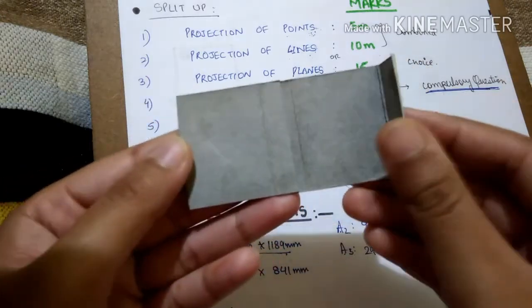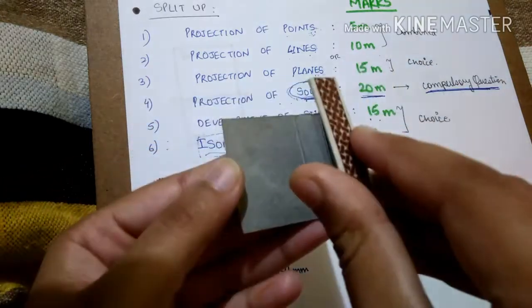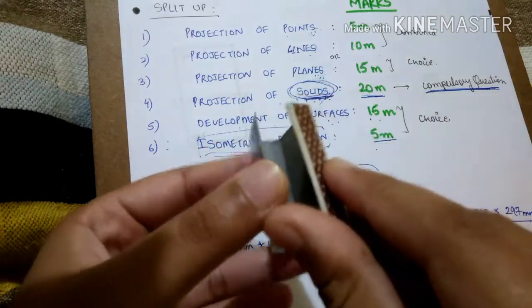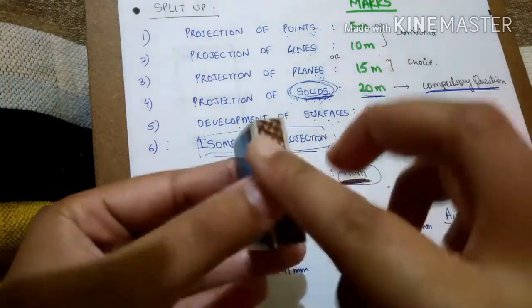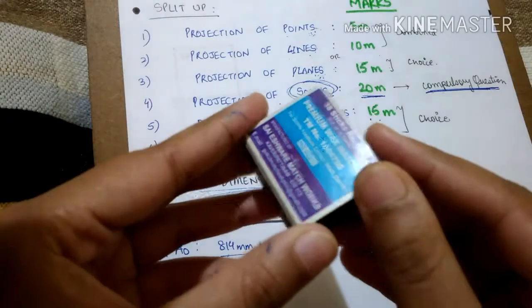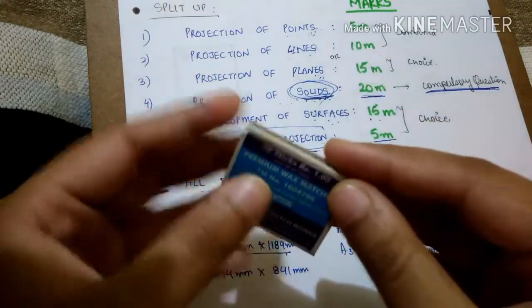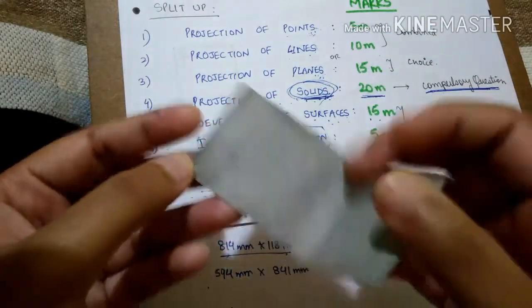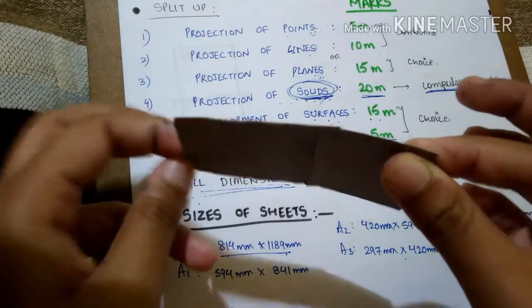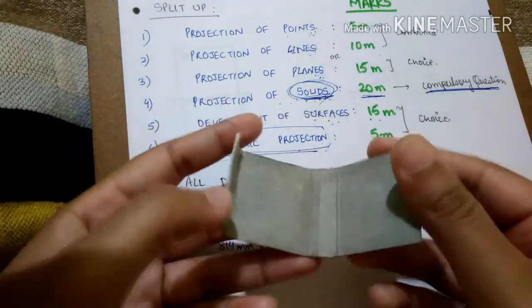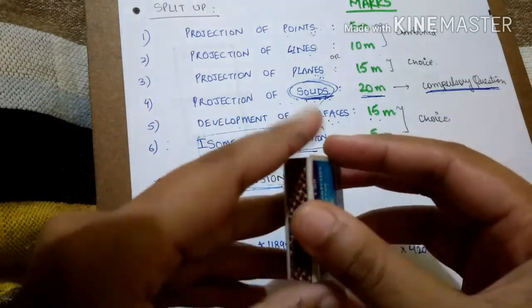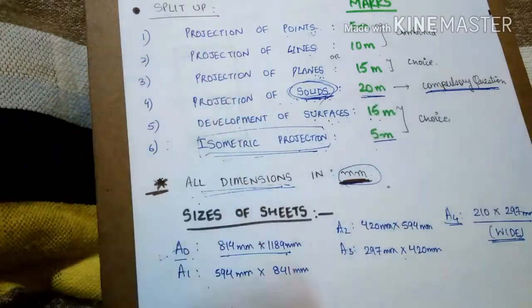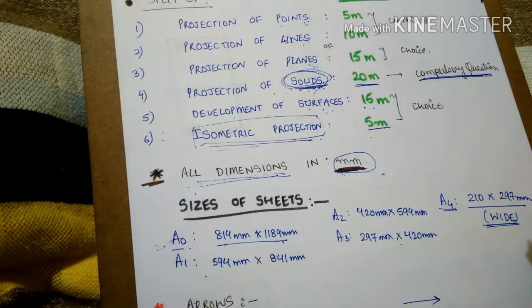If you join it in the same way, the smaller rectangle, the larger rectangle, the smaller rectangle, and the larger, and then fix it at this point, then you get the cover of a matchbox. That is the basic idea of development. How you will develop the surface to form something. It can be a cover, it can be frustum of a cone, it can be anything, and it has many more further topics in development, which we'll see later.